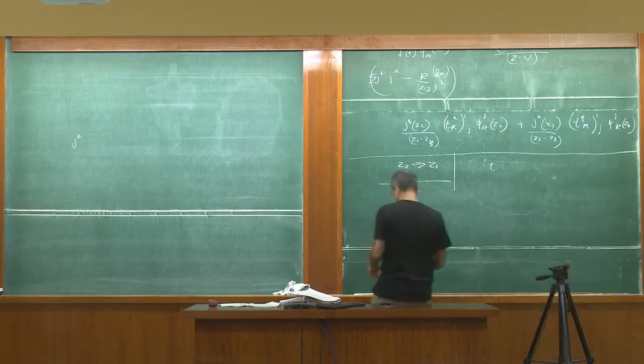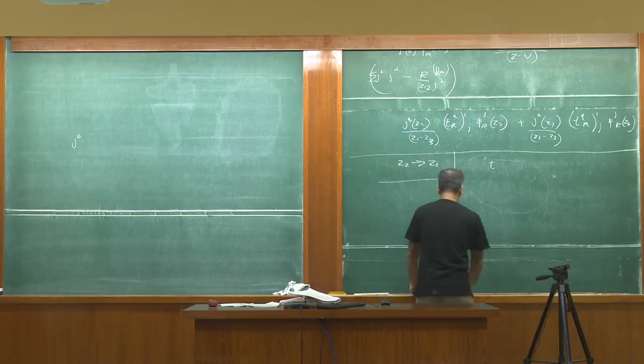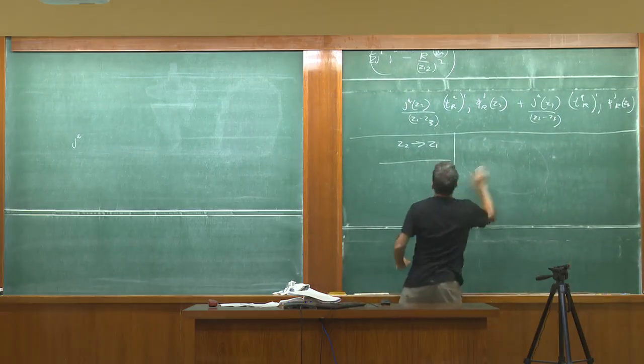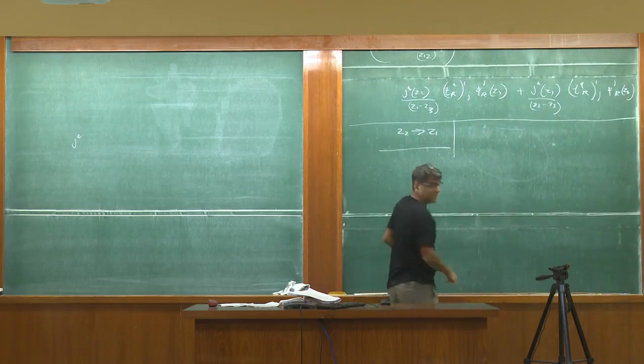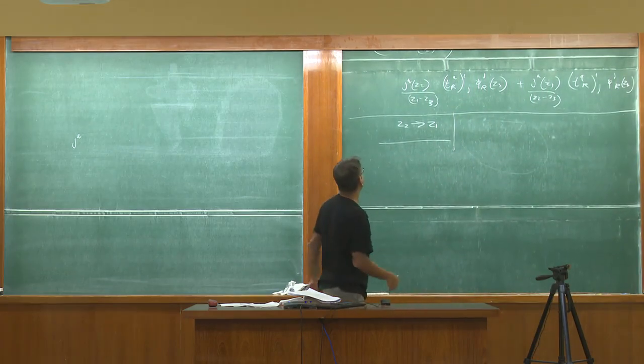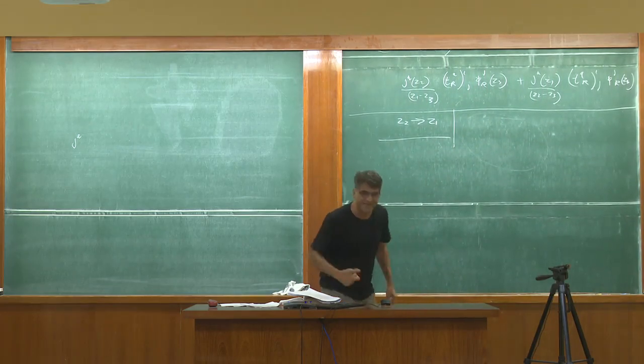Okay, so what we will do now, let's do it carefully. So we will now take this Z3 and Taylor expand in Z3 minus whichever we want. Let's say Z1.